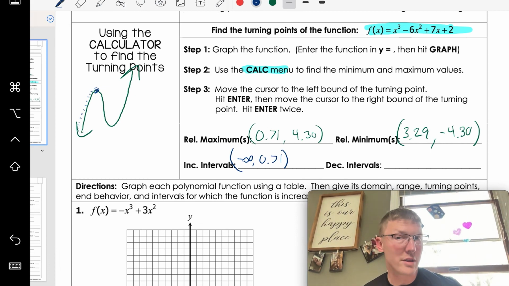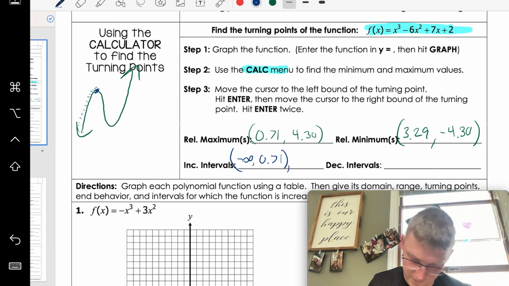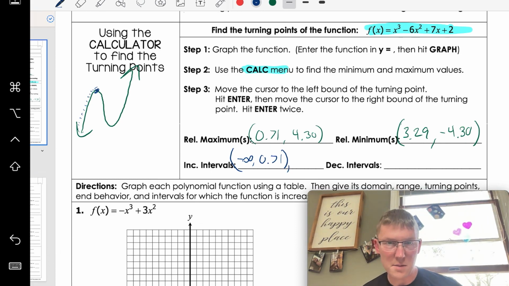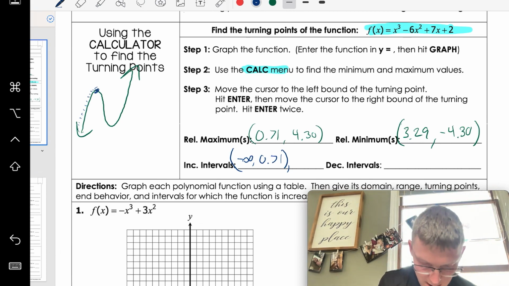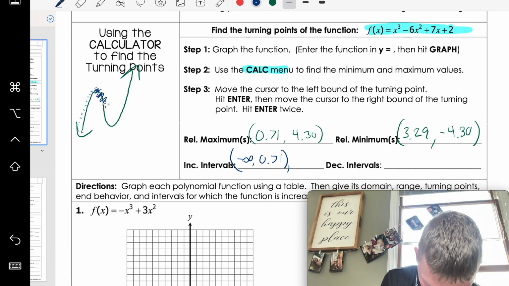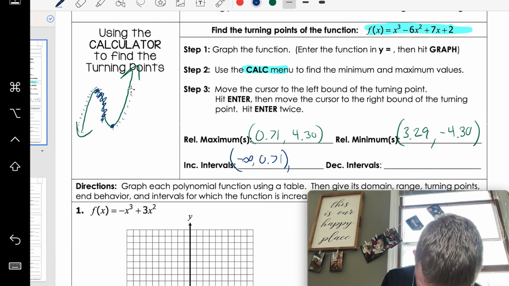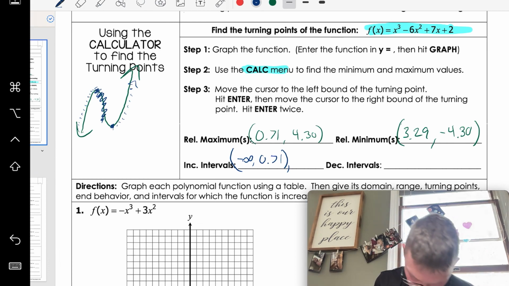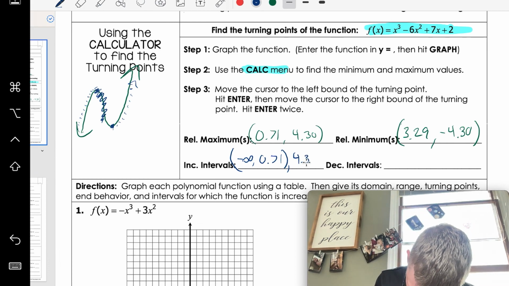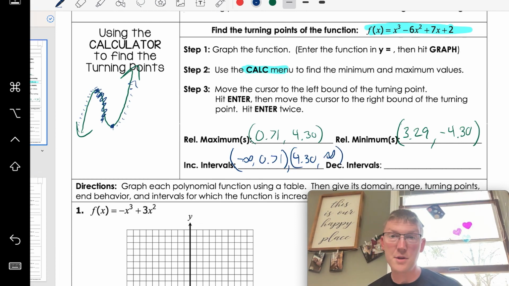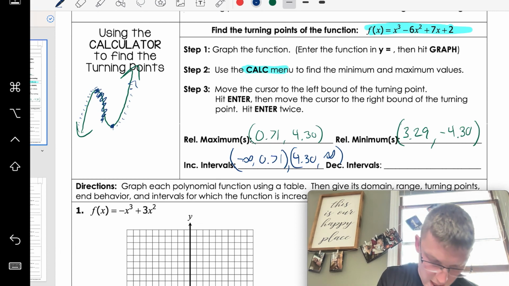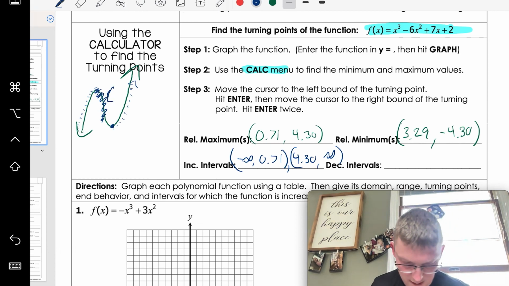I know they look the same, but it is what it is. Then our next increasing interval: it's decreasing all here, and then it starts here and starts increasing again. That's going to be 4.30 to positive infinity.